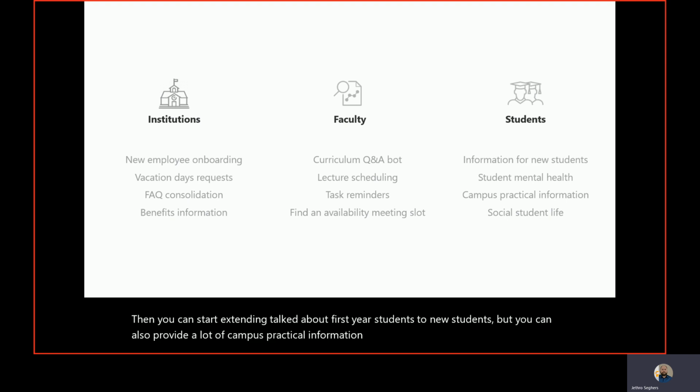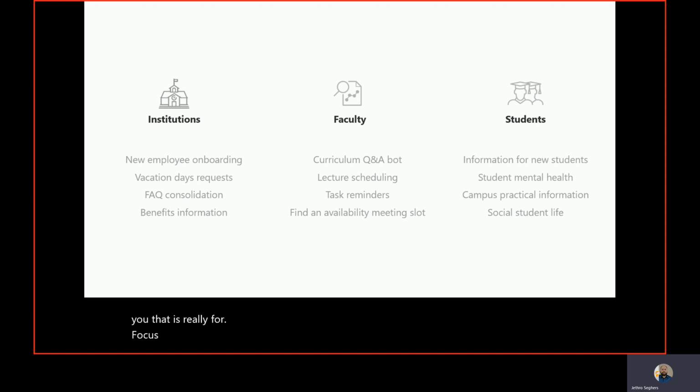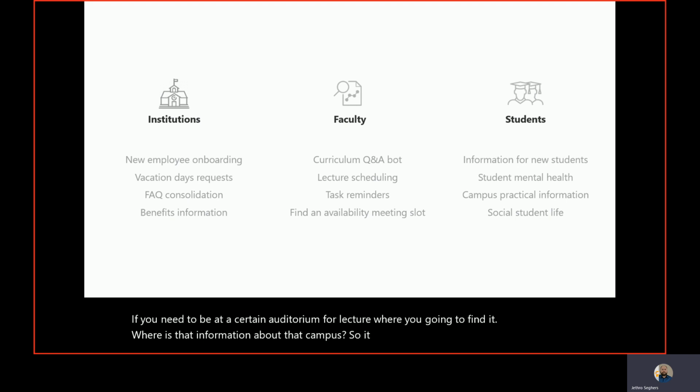And in the demo that I'm going to show you in a bit, that is what we're going to focus on. If you need to be at a certain auditorium for a lecture, how are you going to find it? Where is that information about that campus? A bot can provide a student that information.